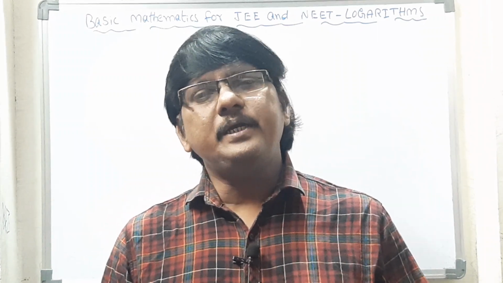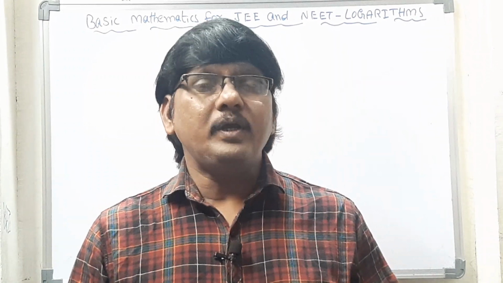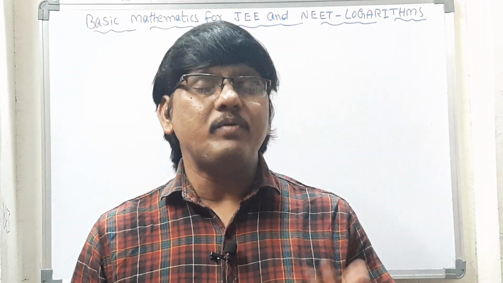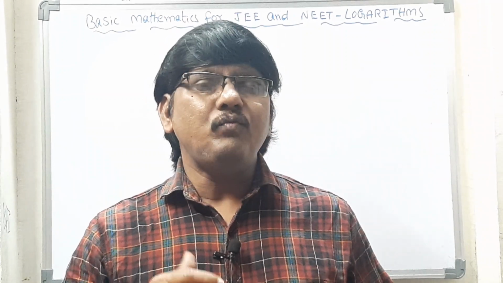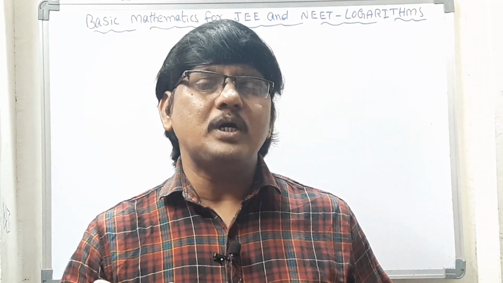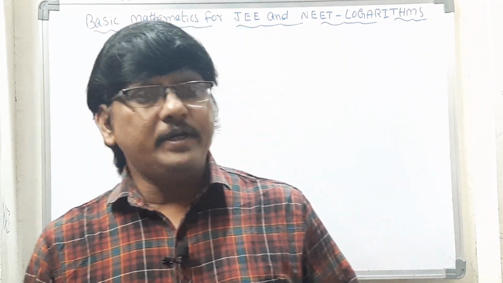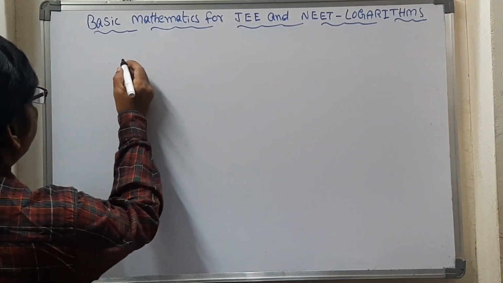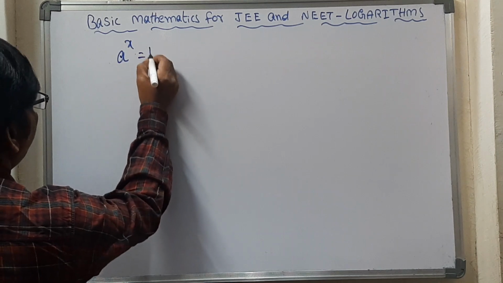Then what is meant by an exponent? An exponent is when any positive constant is raised to a power. If we raise that positive constant to any power, then we can call it an exponent. Let us take one example: a power x is equal to b.